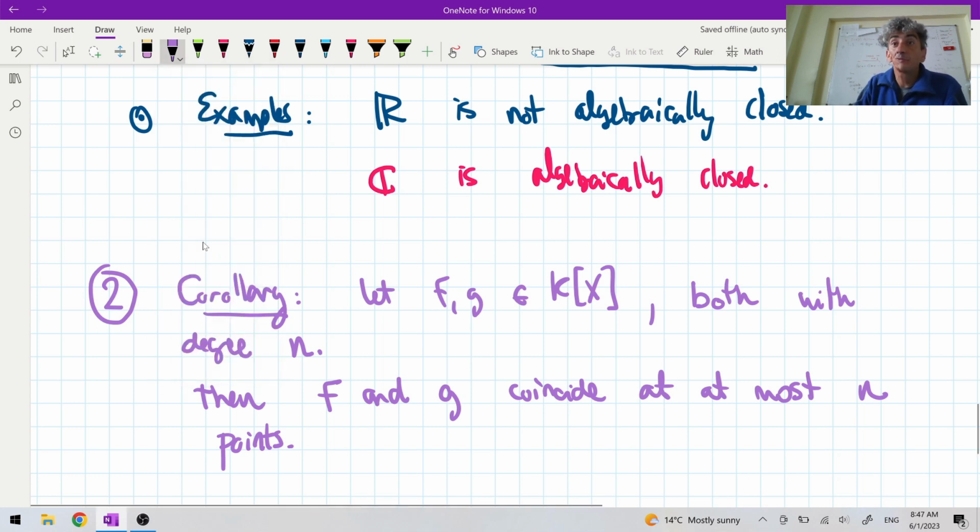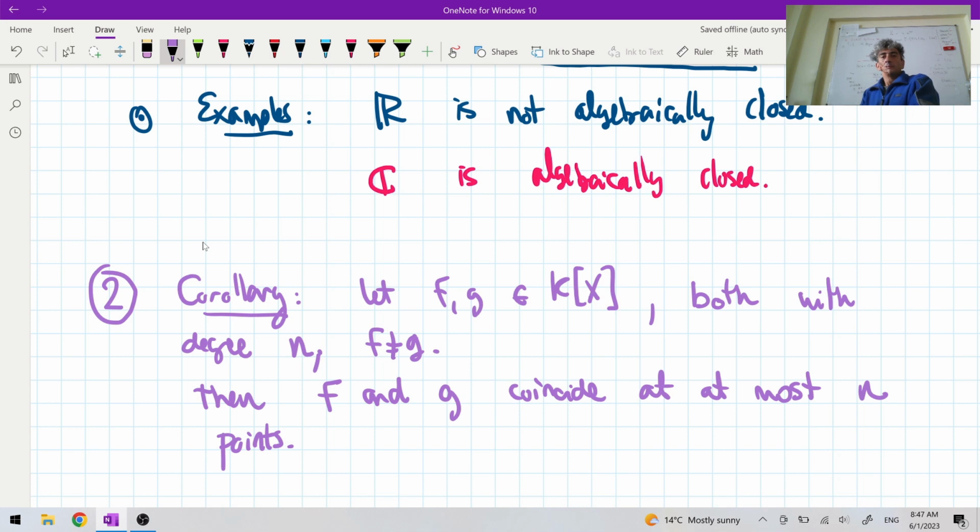Two different polynomials: if we pick two different polynomials, they cannot coincide at n plus 1 points. They have to coincide at most n points.